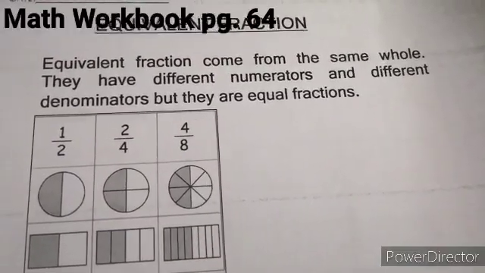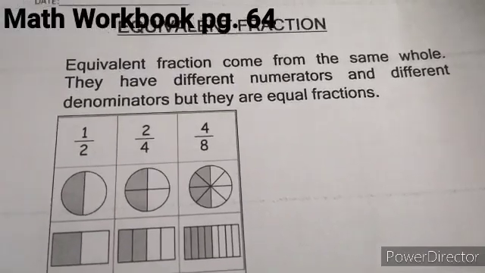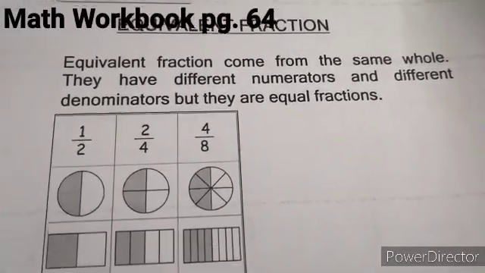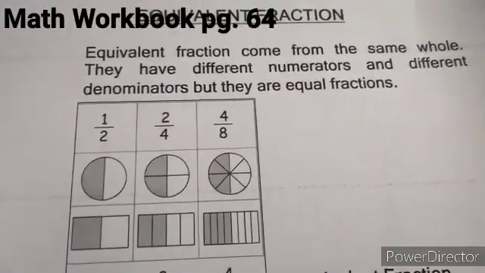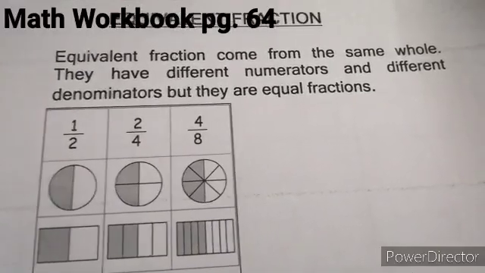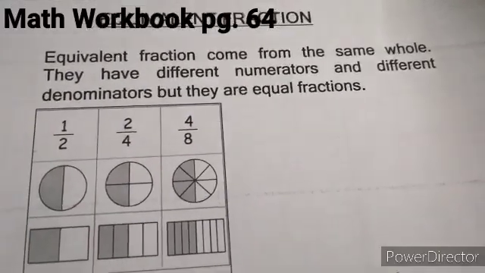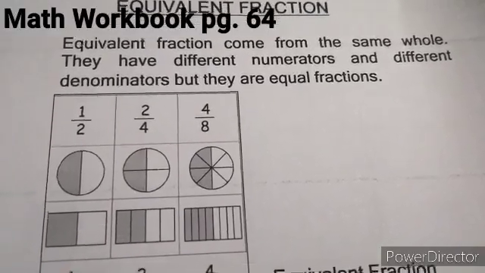Now dear students, we have learnt about equivalent fractions, right? Take page number 64 of your work notebook and let's see the pictures there. Equivalent fractions come from the same whole. They have different numerators and different denominators, but they are equal fractions.